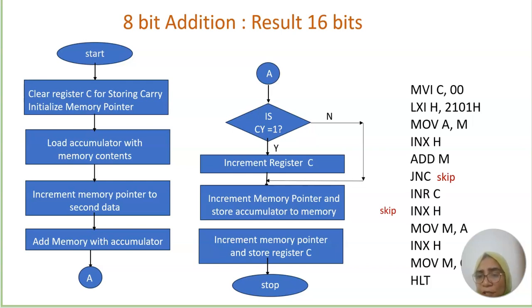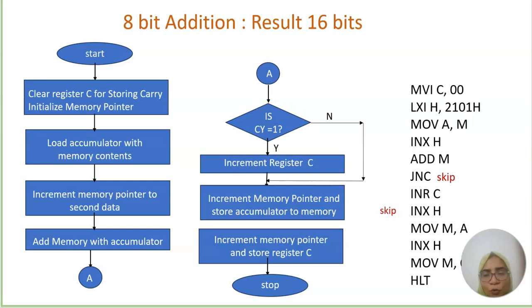After the addition, since we have to store the result in the memory location, we have to use the storing instructions to store the accumulator content in the memory location.